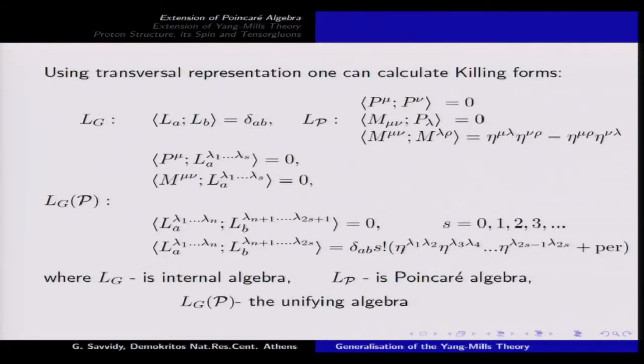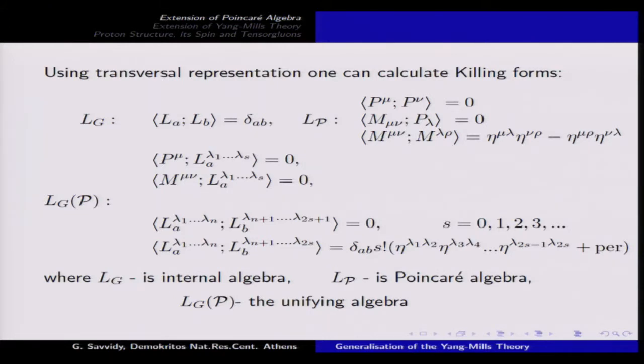So I was able also to calculate the Killing forms. You can see that this Killing form on the internal algebra is standard. The Killing form for the Poincare algebra is also standard. Then using the representation which I showed in the previous slide, you can calculate the product between P mu and M mu. They are orthogonal, and this is the Killing form of the current algebra.